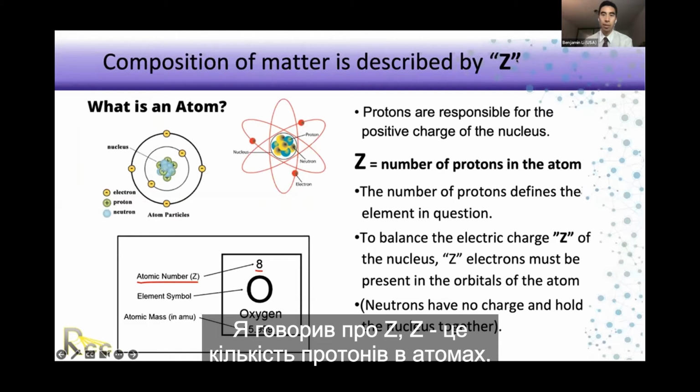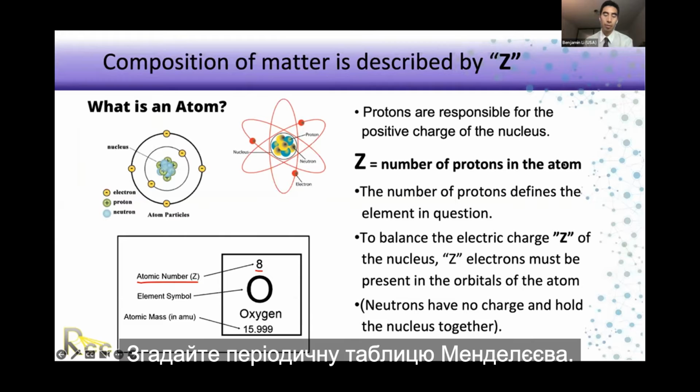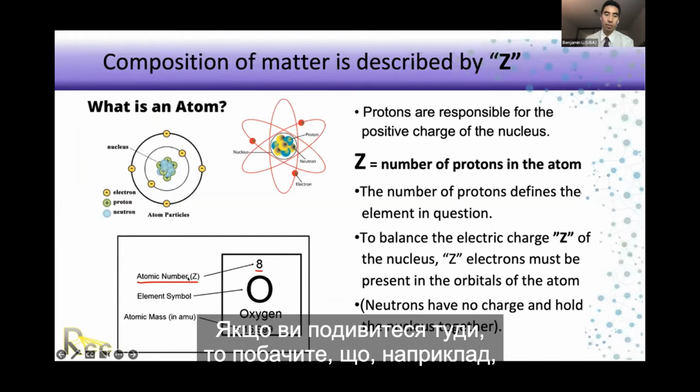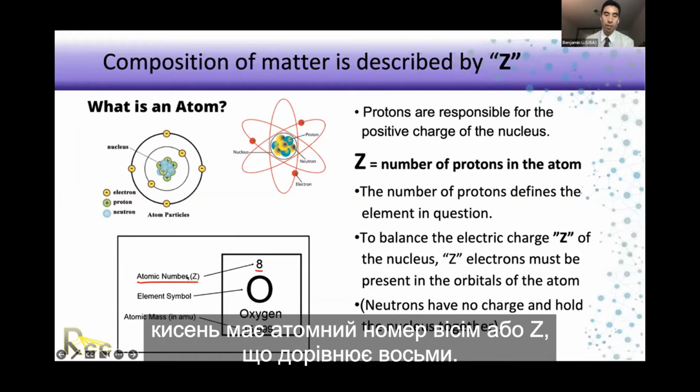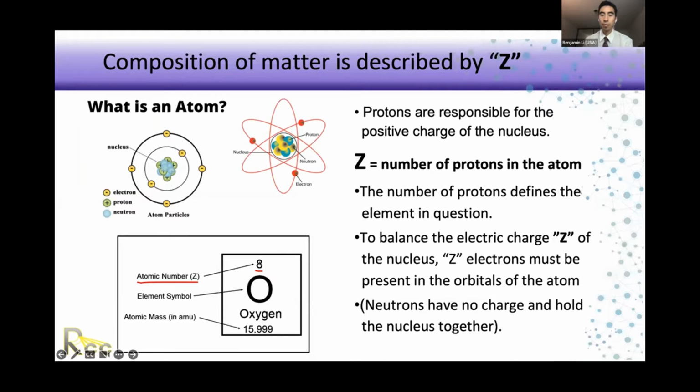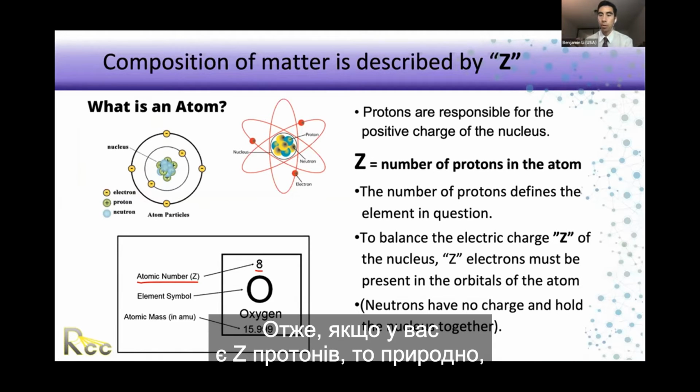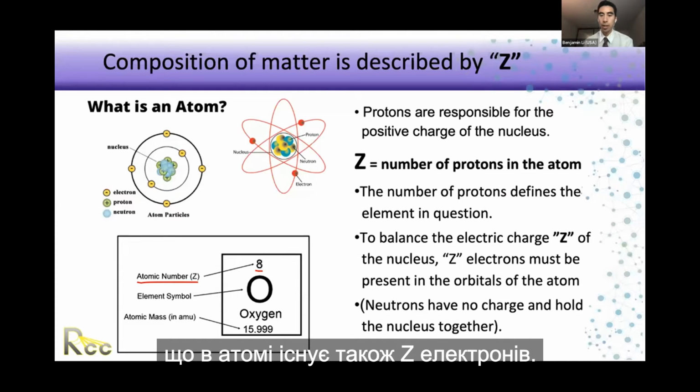I talked about Z. Z is the number of protons in the atoms. Remember the periodic table. If you look there, you'll see, for instance, oxygen has an atomic number of 8, or Z of 8. And so if you have Z protons, the atom naturally exists with also Z electrons.